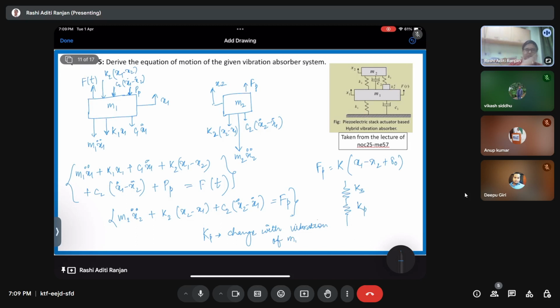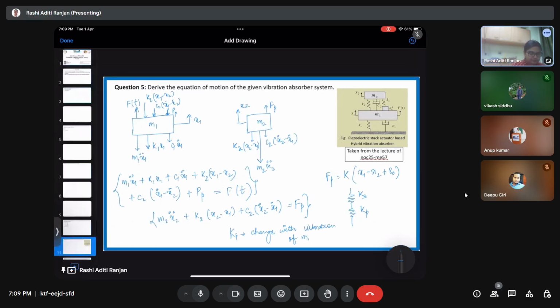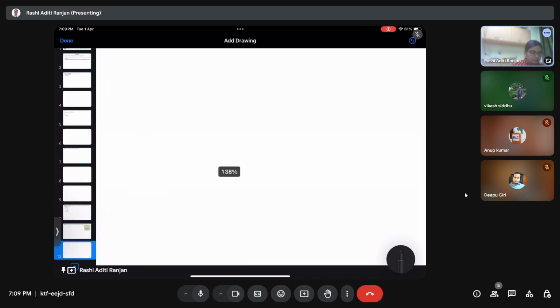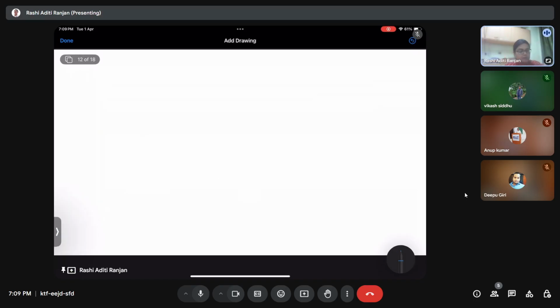Now this is in series. So if you remember, for two springs in series, how do we write k? It is written as 1 by k equals 1 by kp plus 1 by k3. This will give me 1 by k equals (k3 plus kp) by (k3 kp).